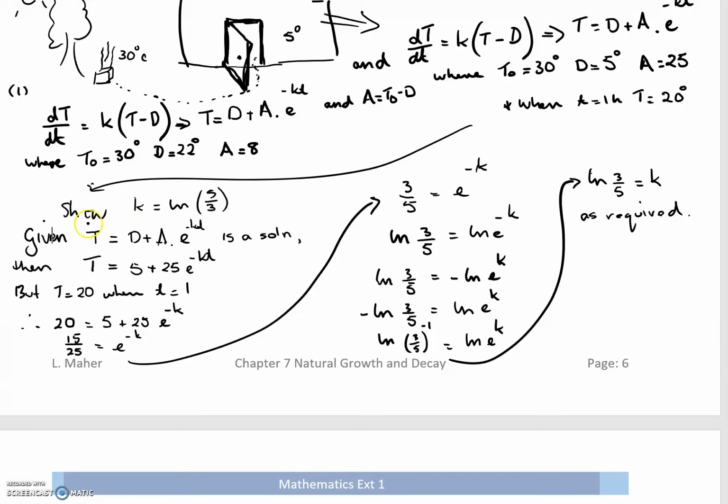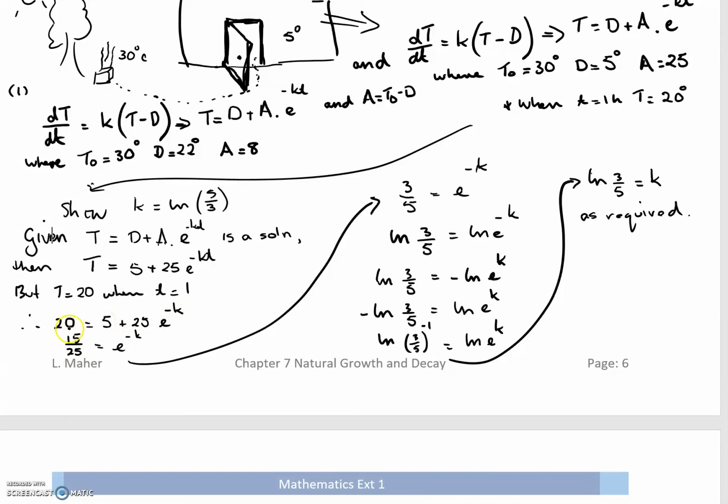so you can see that I've started inside the room. T is equal to D plus A e to the minus kt, and inside the room the constant temperature is 5. The difference in temperatures is 25, and in order to find the value of k, we need to substitute the temperature is 20 at time 1, and so we get 20 equals 5 plus 25e to the minus k.